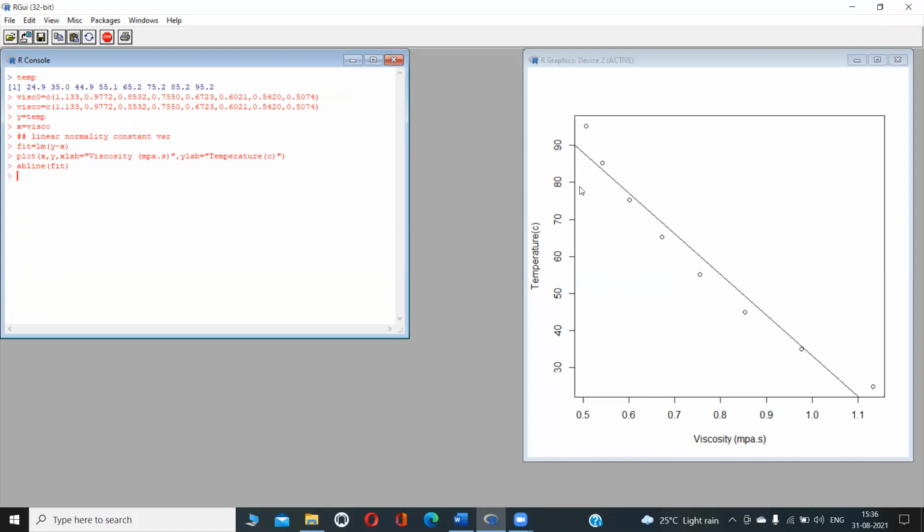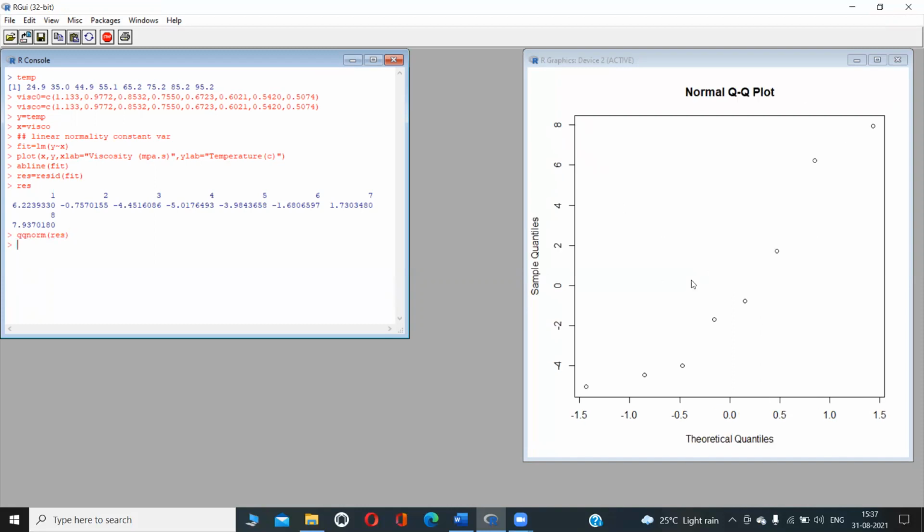Now next we want to find out the normality, whether the residuals are normally distributed or not. For that, we need the residuals. The command to get the residuals is this, and the residuals you can see here. Now we want to plot a normal plot for this.